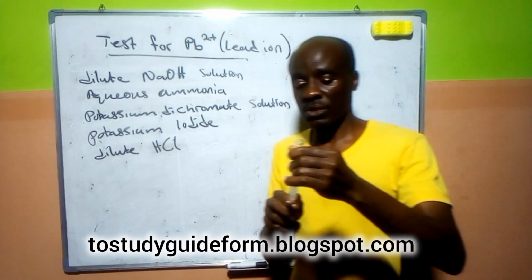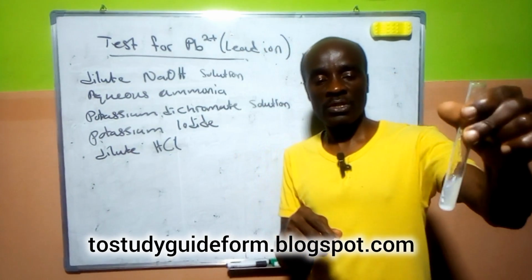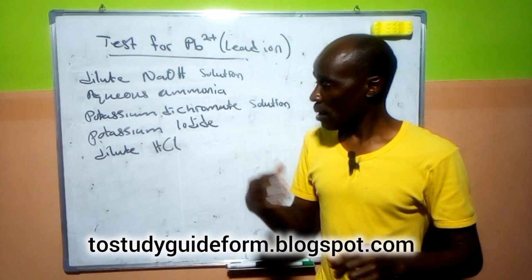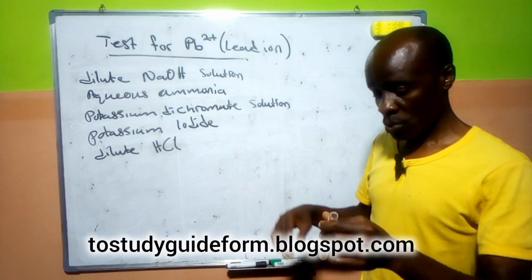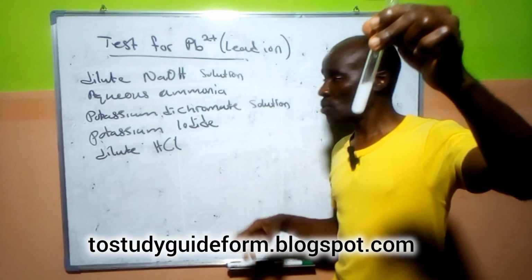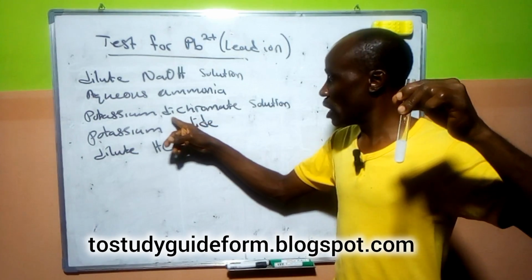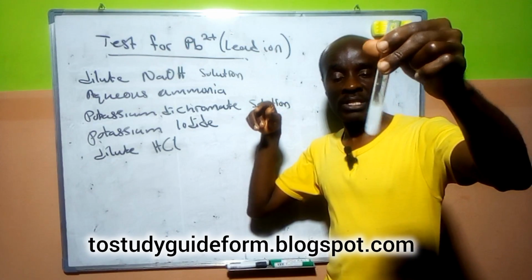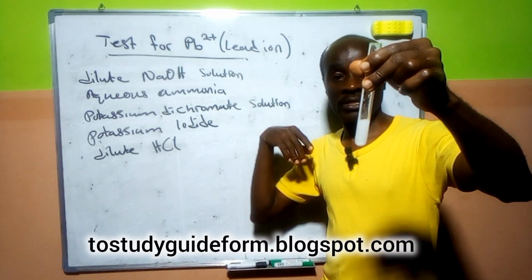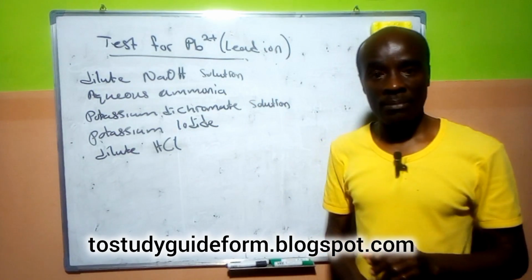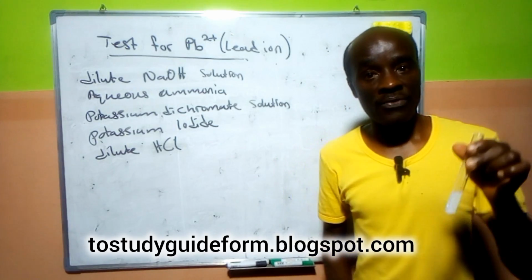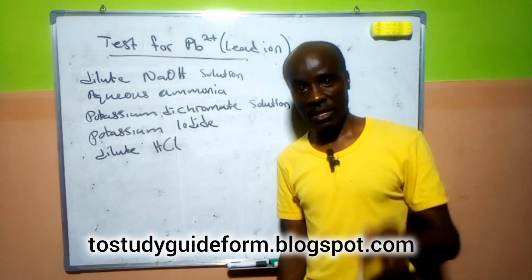But in some cases where we have something like this, we can also go down to test to know exactly what we have here. This one is telling us that we don't have aluminium because it's not a gelatinous precipitate, and then we have lead present here.